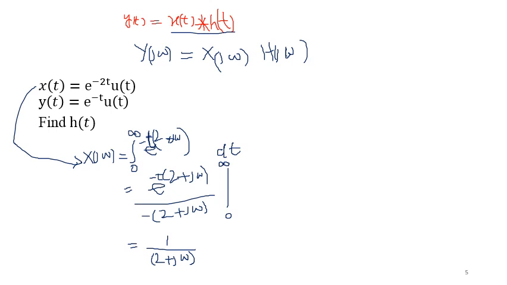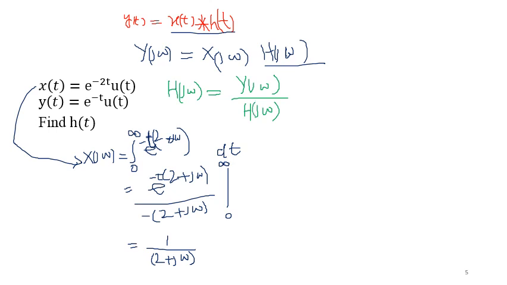Now to find H of j omega: X of j omega is multiplied, so if I bring it to this side, it becomes divided. So H of j omega equals Y of j omega divided by X of j omega.